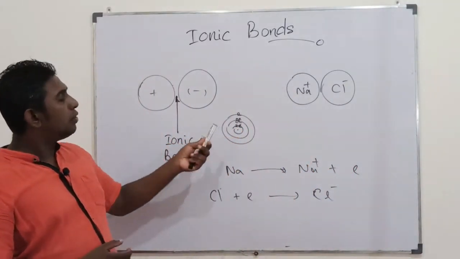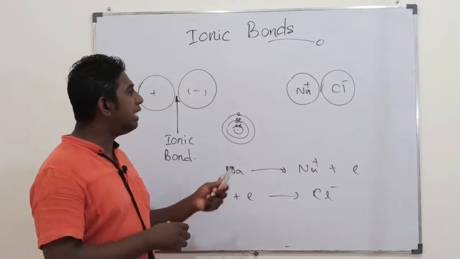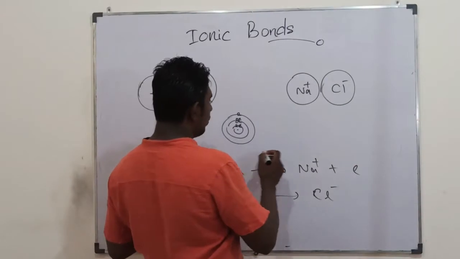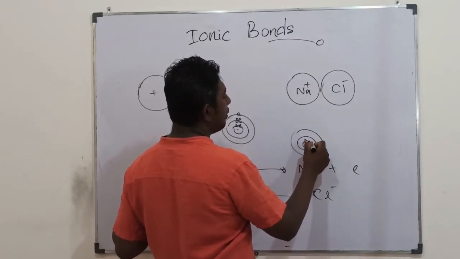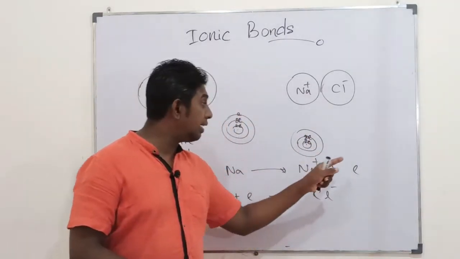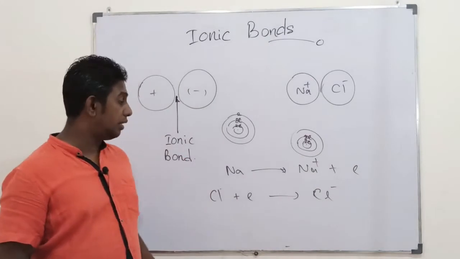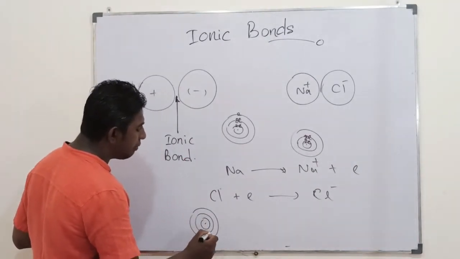Then sodium would lose one electron to become Na+. So this is sodium plus. Na+ has 2 electrons and 8 electrons only. The last shell's electron has been removed. Then chlorine has 17 electrons and 17 protons.